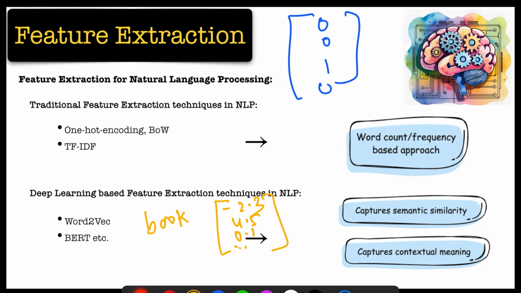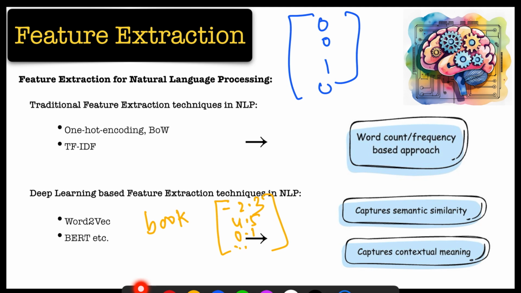right? So, these numbers are not random numbers. We'll start with random numbers, and as the deep learning models learn and get trained, they will come up with much better numbers here, so that this book is represented well.